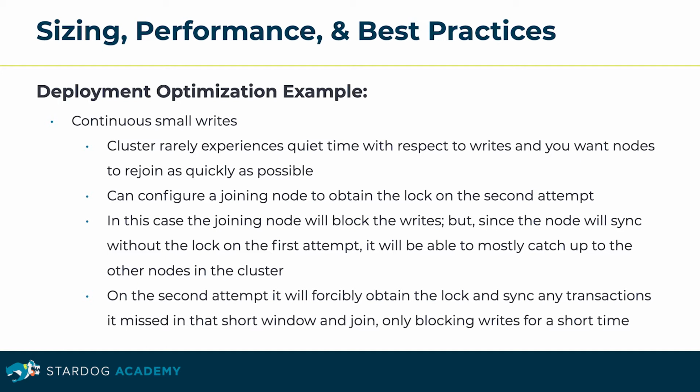It will block the writes, but since the node will sync without the lock on the first attempt, it should be able to mostly catch up with the other nodes on the cluster. On the second attempt, it will get the lock, but we're now talking syncing just a very small window of data. So the amount of time that writes are blocked will be very, very small. This ends the section on implementation.